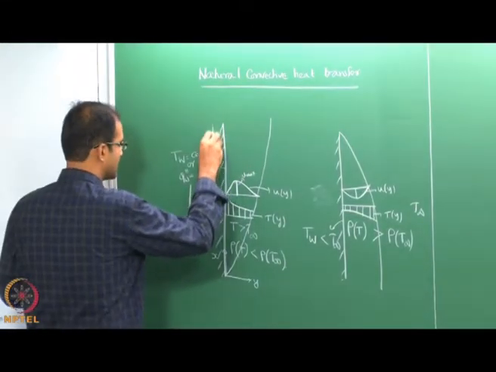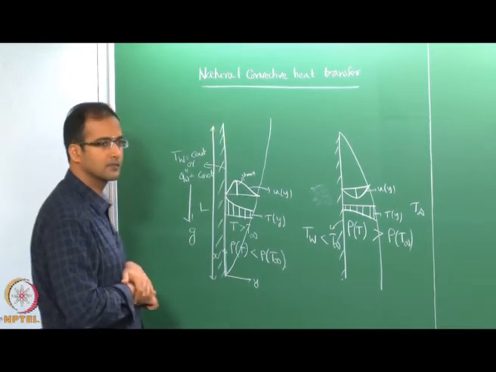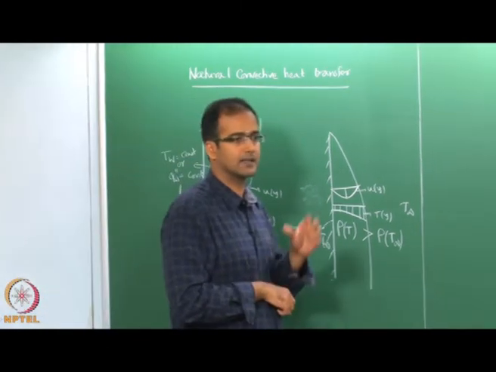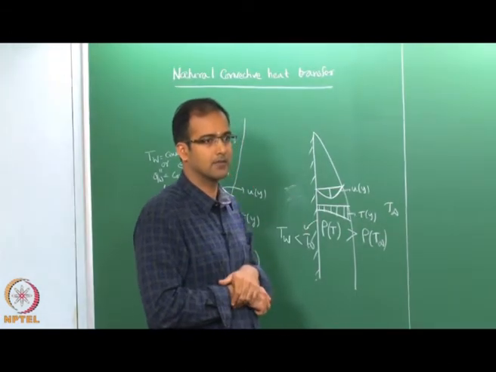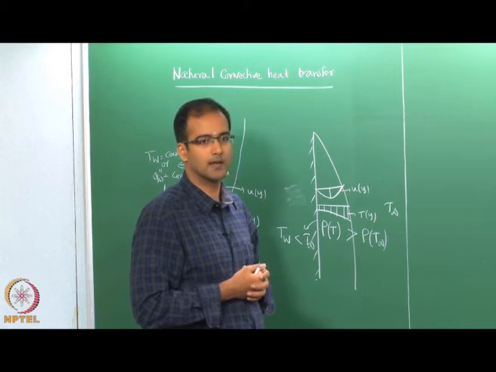Let us assume that the length of this plate to be capital L. This is one of the characteristic dimensions that we will use in non-dimensionalizing the boundary layer equations.